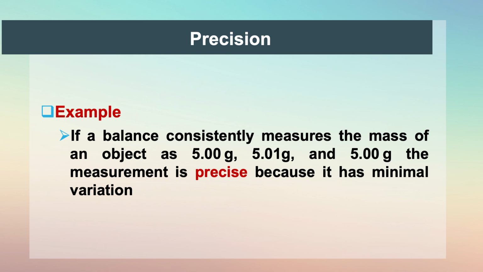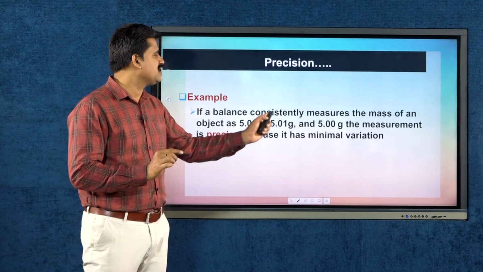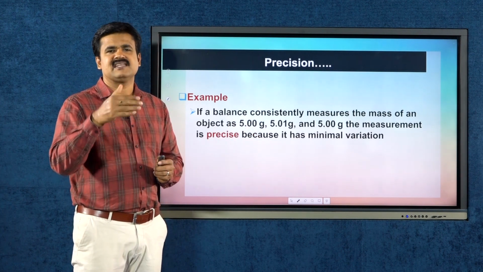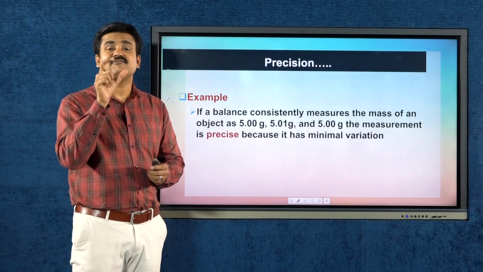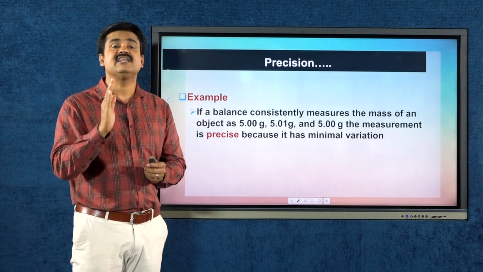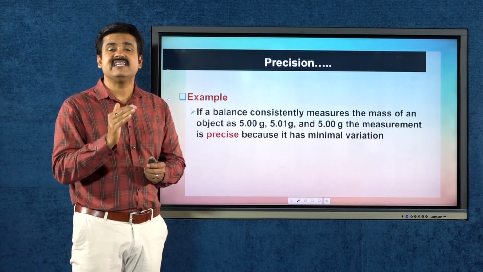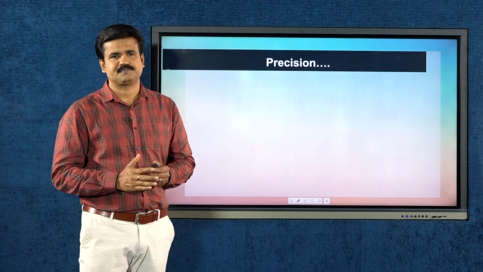This is because there is minimal variation between the values. Look, 5.00 is very close to 5.01. Again, the third measurement is 5.00. So, these three values are very close to each other, which indicates a high degree of precision. That is, the variation between the values is minimum.